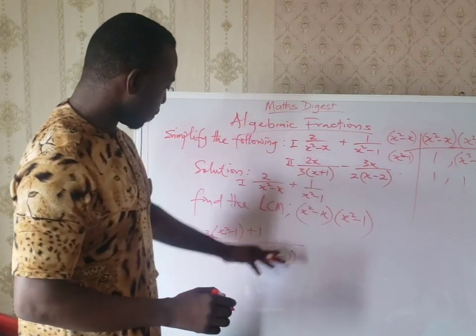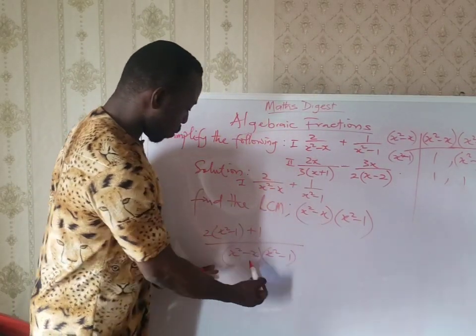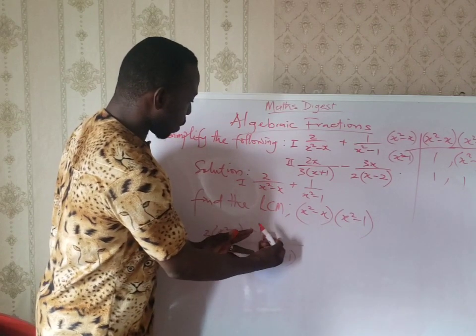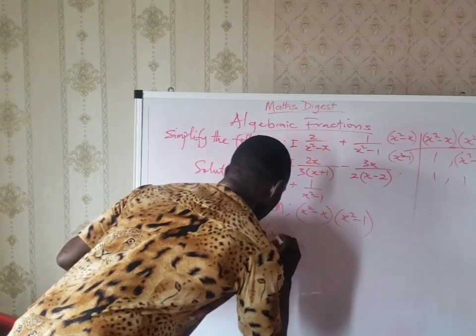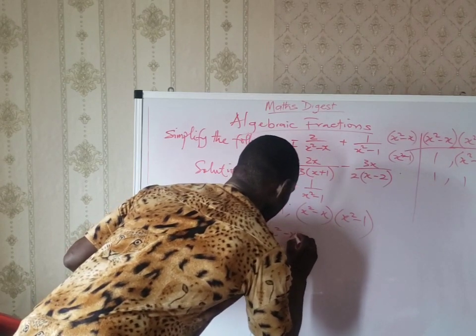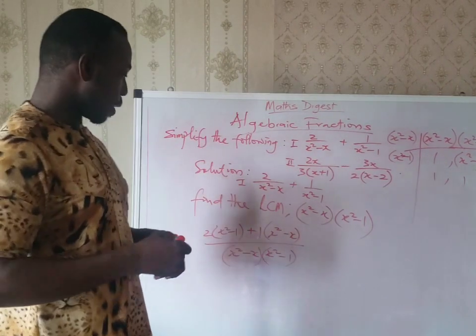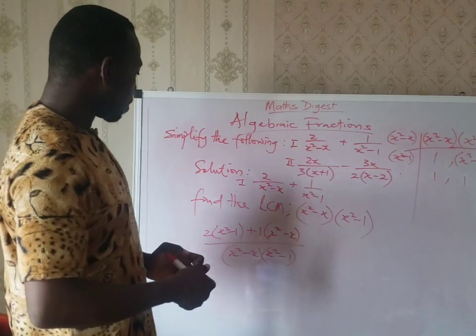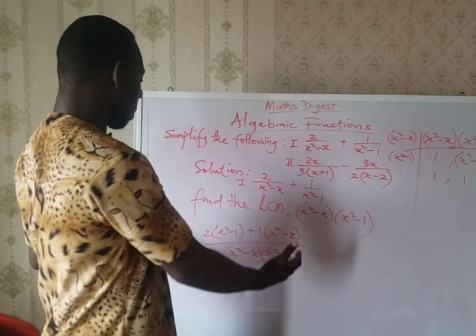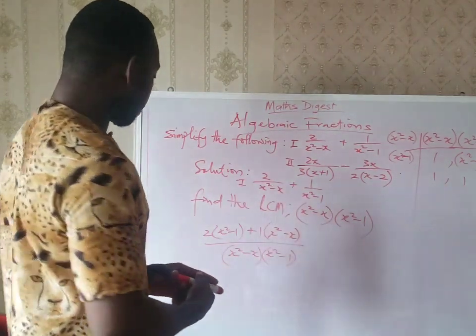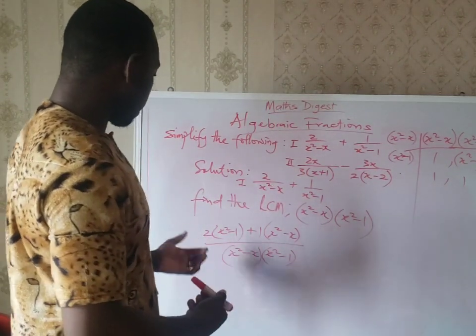Now this divides here, we only cancel this off and we are left with this. So use this one to multiply what we have here. Okay, so at this point now, we are going to multiply what we have in the brackets at the numerator side.